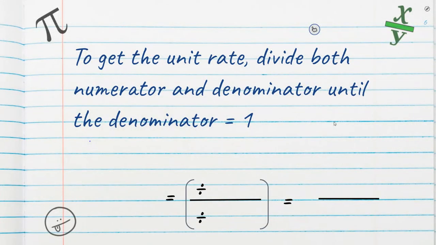All right, how do you get to a unit rate? To get the unit rate, you divide both the numerator and the denominator until the denominator equals 1. Write that down. And then we'll do a quick example and I'll show you a shortcut.